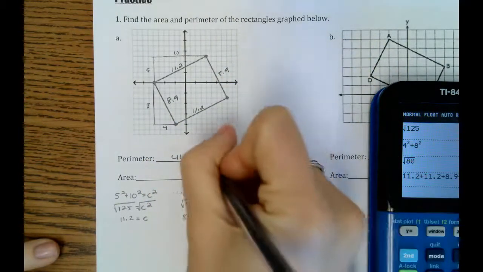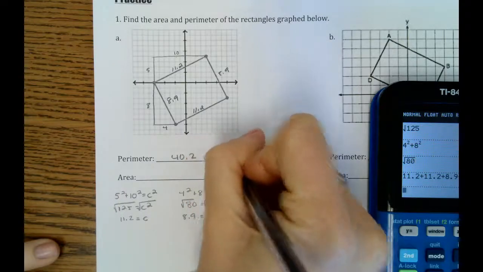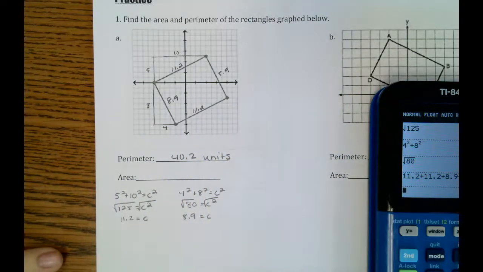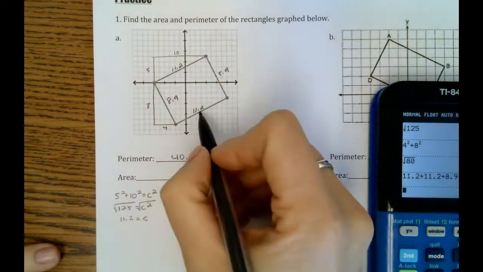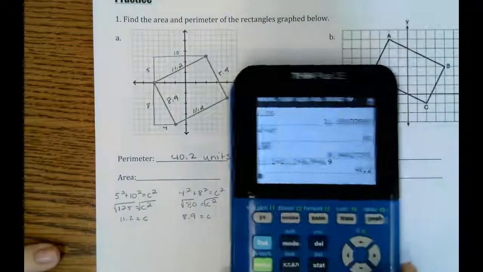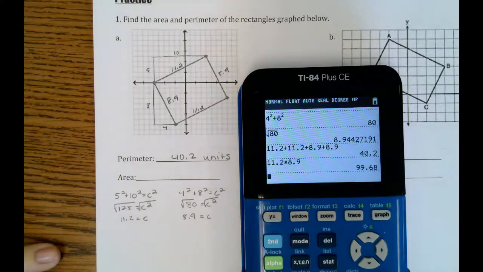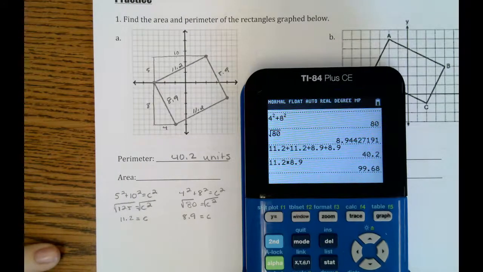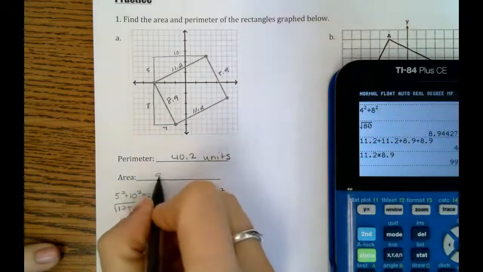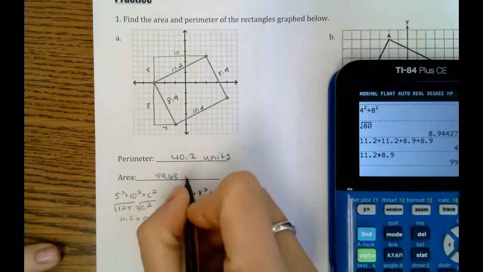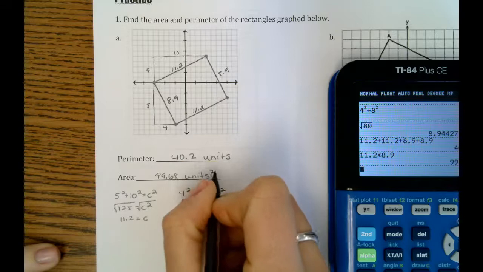They didn't give us a measurement, so we'll just use units. Okay, for our area, this is base times height, so we'll do 11.2 times 8.9, which is 99.68. And that will be units squared.